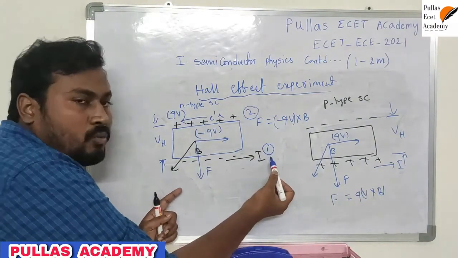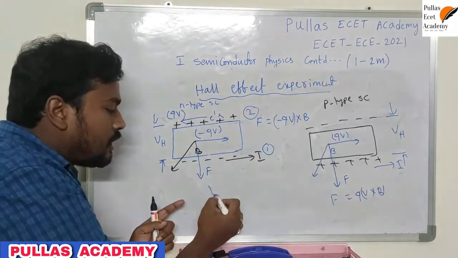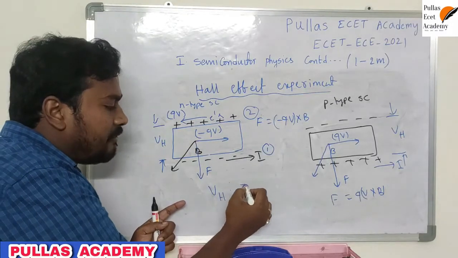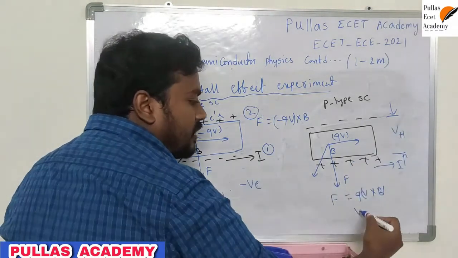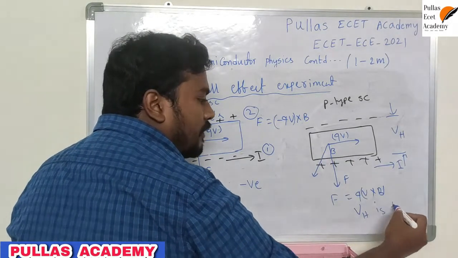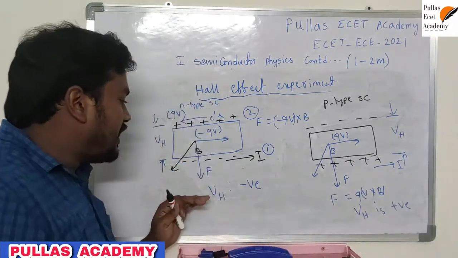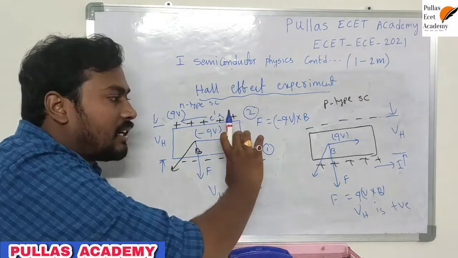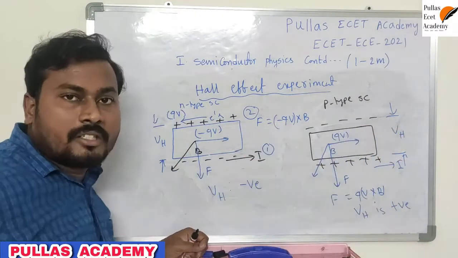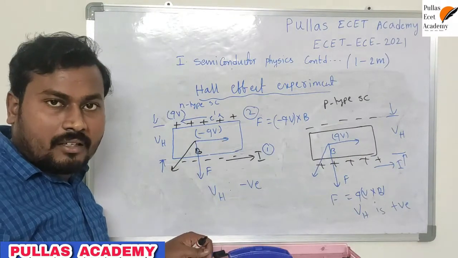With respect to surface 1, surface 2 is positively charged, so VH is negative. With respect to surface 1, surface 2 is negatively charged, so VH is positive. Hall voltage VH is negative for n-type semiconductors and positive for p-type semiconductors.